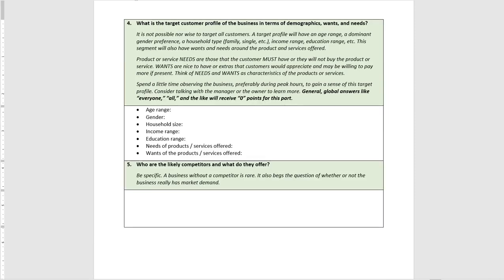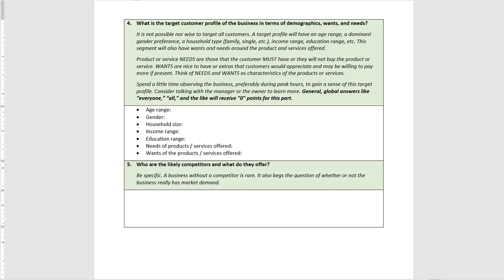The next question challenges you to pay particular attention to who the typical target customer is for the business. Businesses do not have all the resources in the world to target all of the customers in the world. And so therefore it tends to focus its attention on attracting the kind of customer who is interested in the products and services it offers.